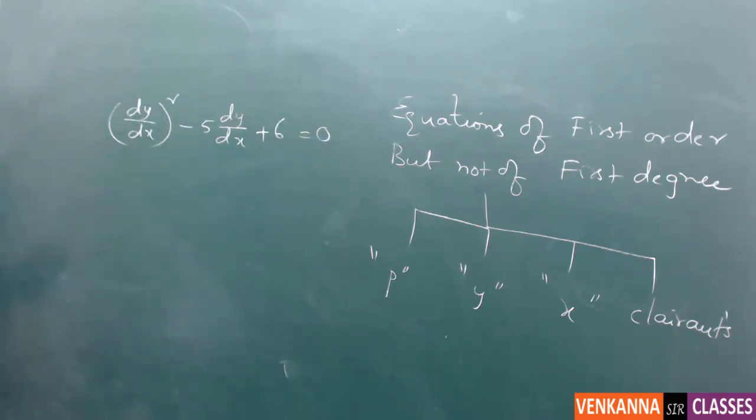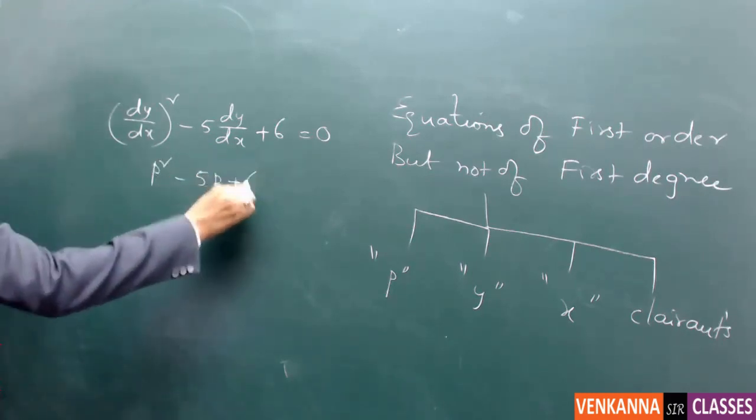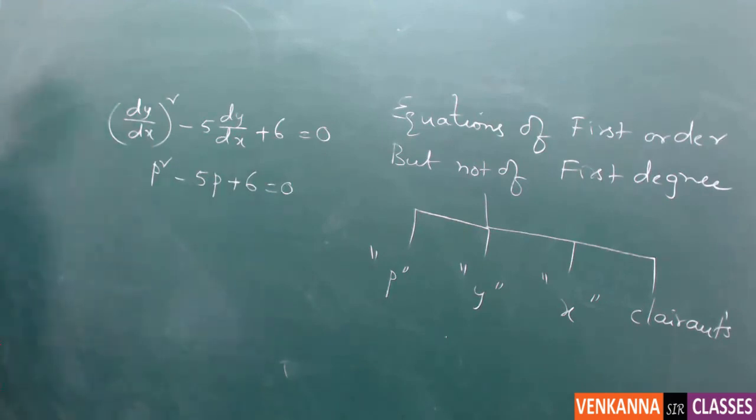Do you accept that this is a first order differential equation with degree more than 1? Right. So we are going to write it as p square minus 5p plus 6 equal to 0, where p stands for dy by dx.